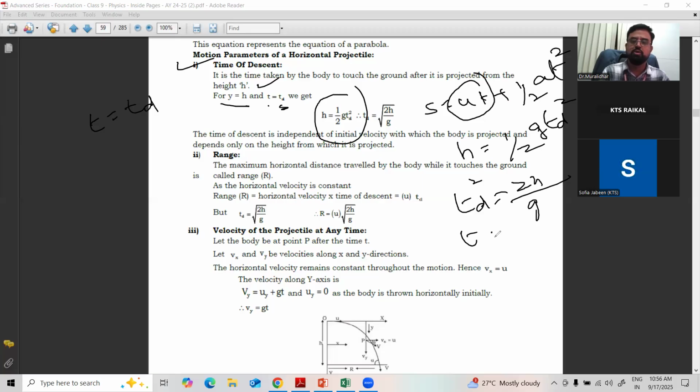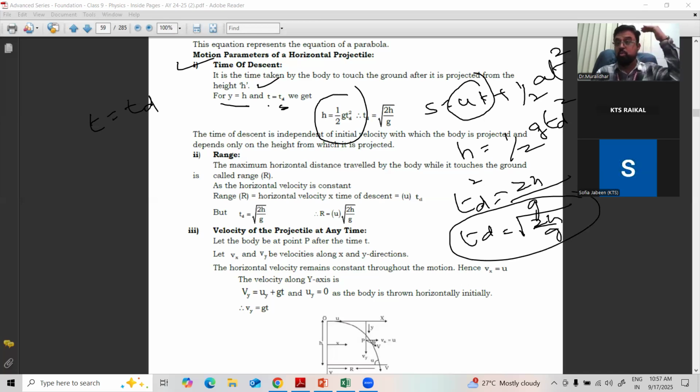So td is equal to under root of 2h by g. This is the formula for the time of descent. If you know the h value, from how much height you are projecting, you can get the td value, because the g value is constant, 9.8 or 10. So the time taken by the body projected from the tower is given by td is equal to under root of 2h by g.